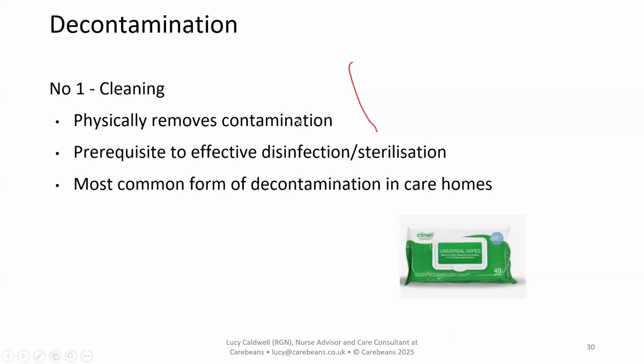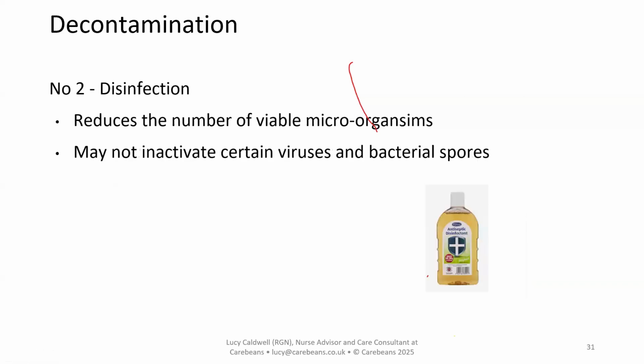So cleaning something is what we'll do before we then disinfect something. This is like the first stage. And it's the most common form of decontamination in homes, keeping things clean with soap and water. The next type of decontamination is to disinfect surfaces or equipment or items. So disinfectant reduces the number of viable microorganisms.